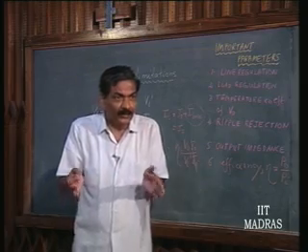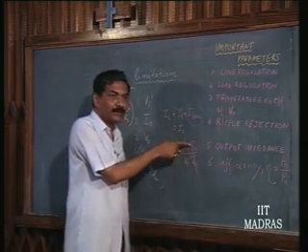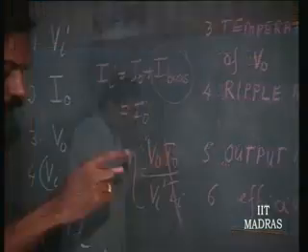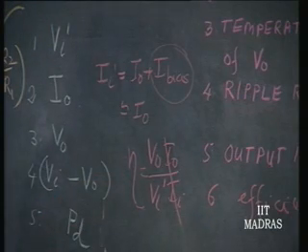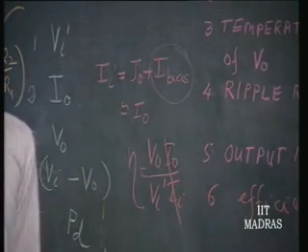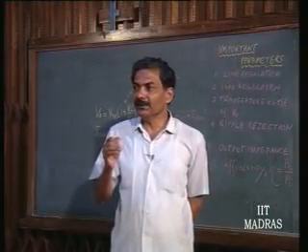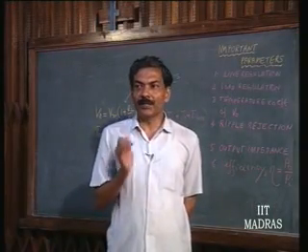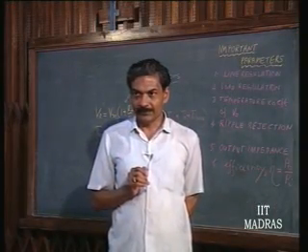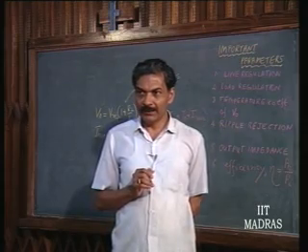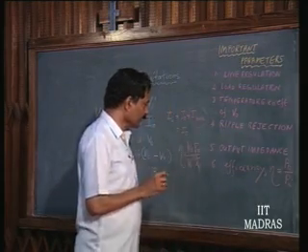Okay. In that situation, obviously I naught is very close to I I, and therefore efficiency in a good regulator is the ratio of output voltage to input voltage. This is important to understand. Okay. So, what does it mean?